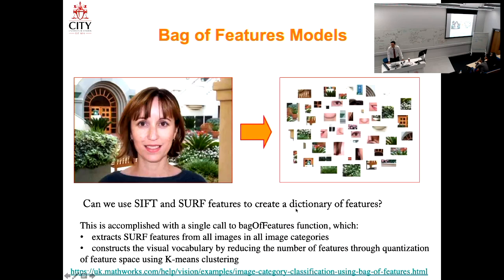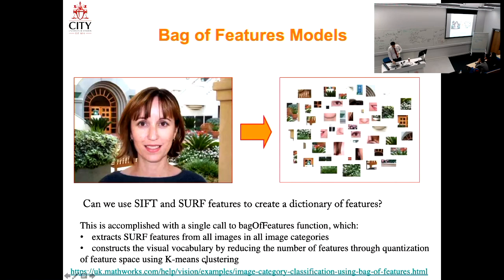Life is simple, right? So what you do is you give a data set to it. It finds SURF features from all the images in all categories. It selects some from each category, puts them together, clusters them, and gives you those features. Simple.